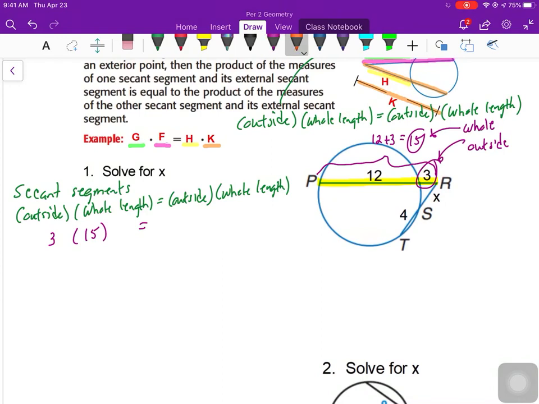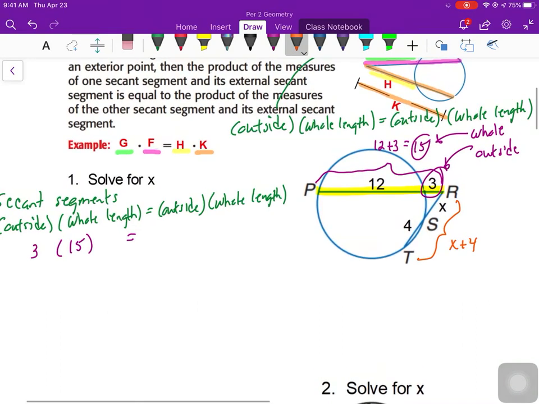On the other secant segment, this whole length right here will be x plus 4. So the outside is the x times the whole length, which is x plus 4.